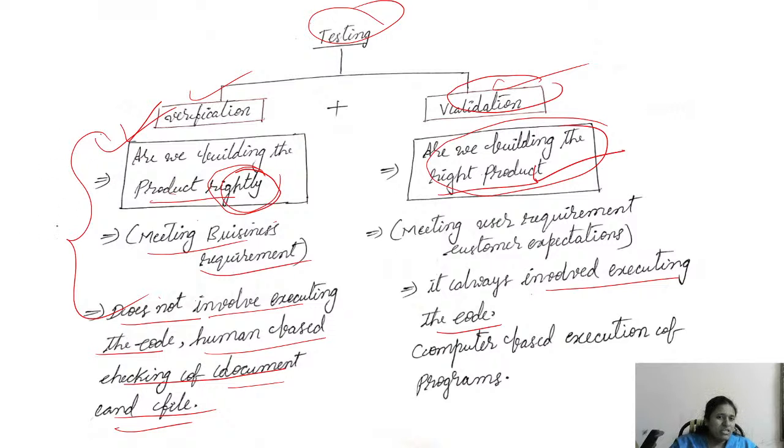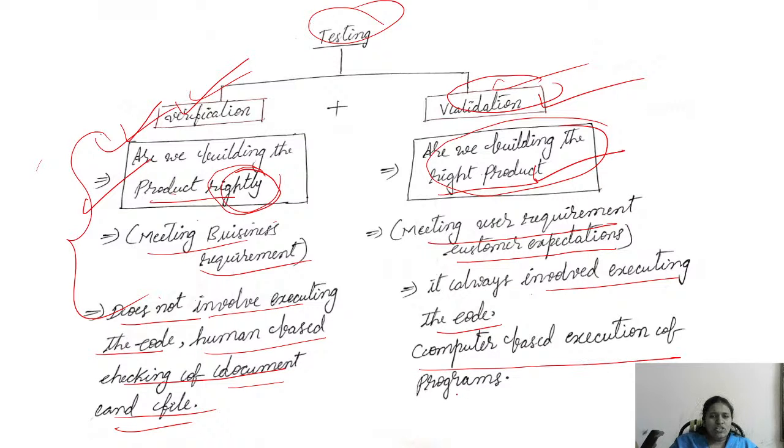In the verification phase, we just check the documents manually: are we building the product rightly, are we going in the right direction, are we meeting business requirements or not. This is called verification. And are we building the right product? This is meeting user requirements and customer expectations.